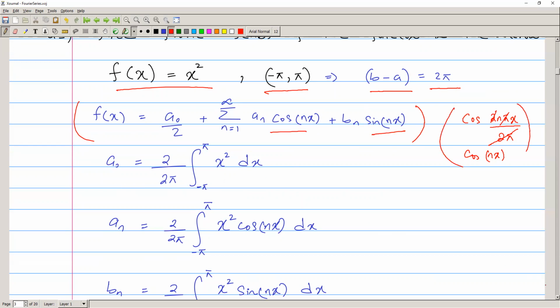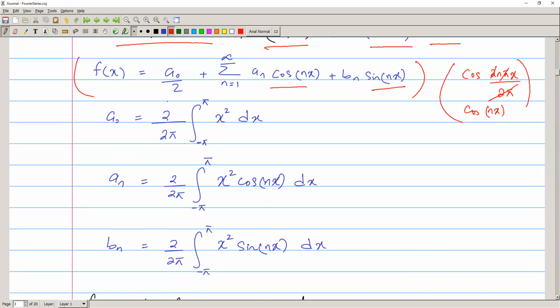And then for the coefficients, a naught is equal to 2 over b minus a, so b minus a is 2 pi. 2 and 2 will cancel out. We will be left with 1 over pi, and the integral of x squared will be x cubed over 3, from negative pi to pi.